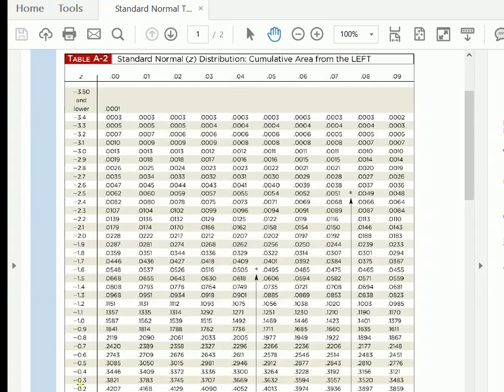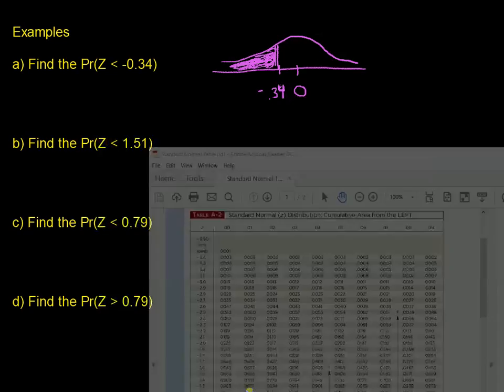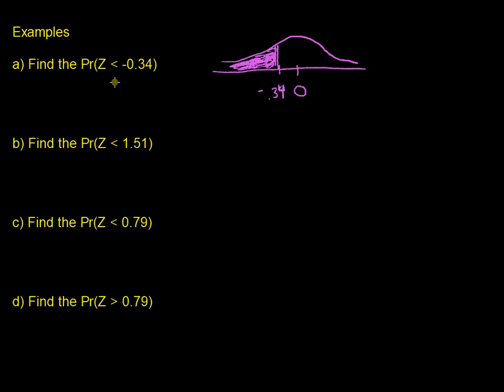So negative 0.3 and then 4. Where those two meet will be the area under the curve that I drew out as purple. So there it is, 0.3669. So this probability equals 0.3669.